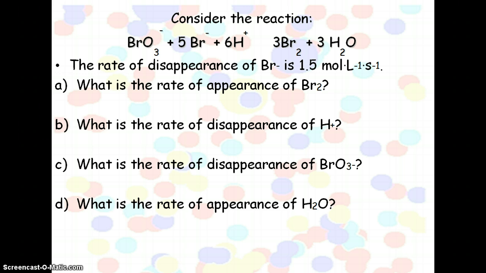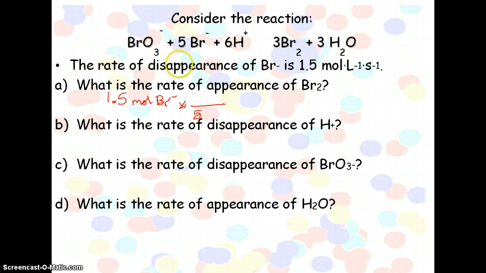All right, in this problem we see that we have the rate of disappearance of Br minus, and we see that it's 1.5, and it wants to know the rate of appearance of Br2. Well, you guessed it, your great friend Mr. Stoichiometry is back, so we just need to do a little stoichiometry to figure this out. So we know this is Br minus, and we know that for Br minus, there are 5 from the balanced equation.